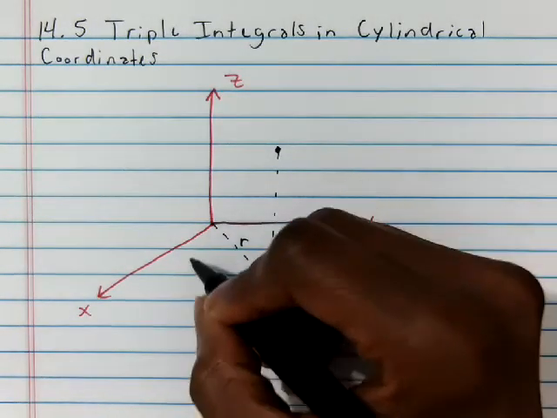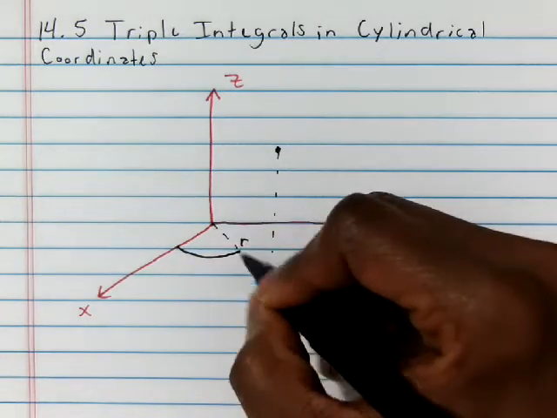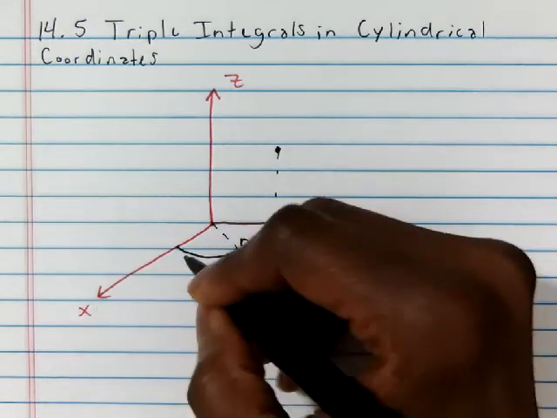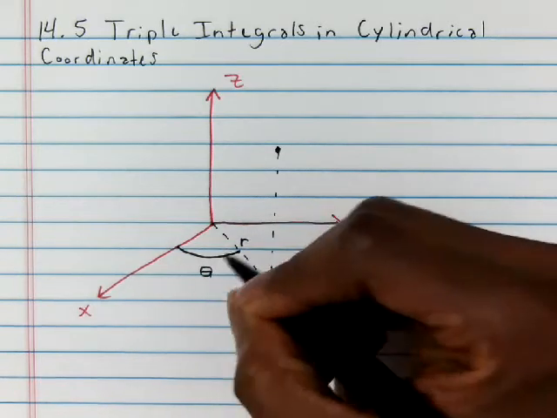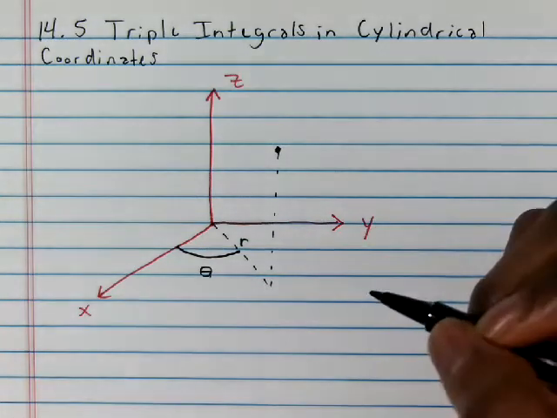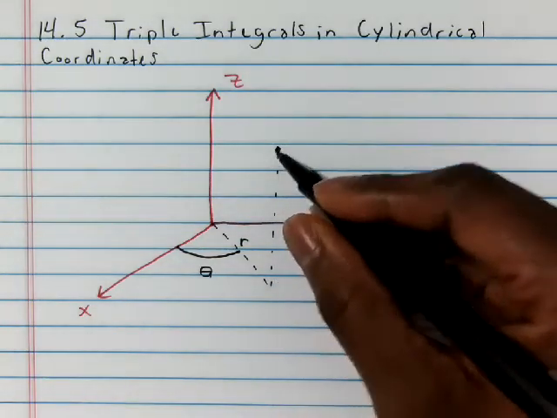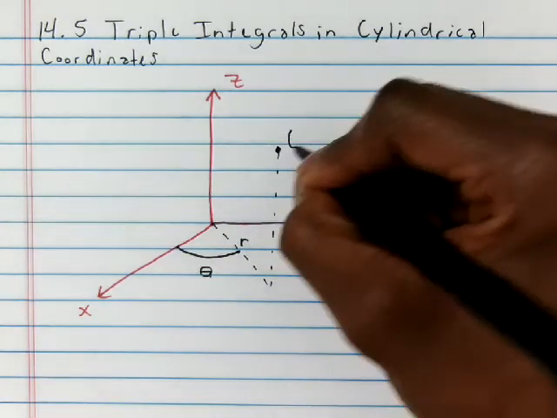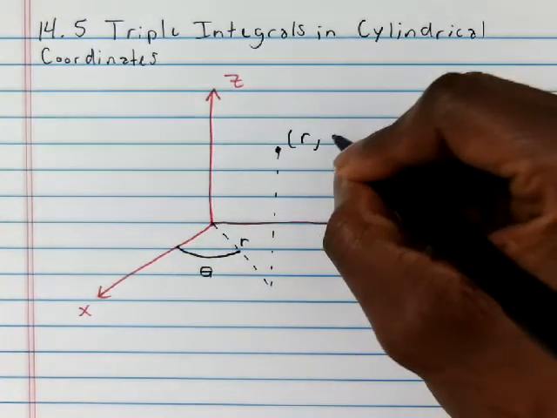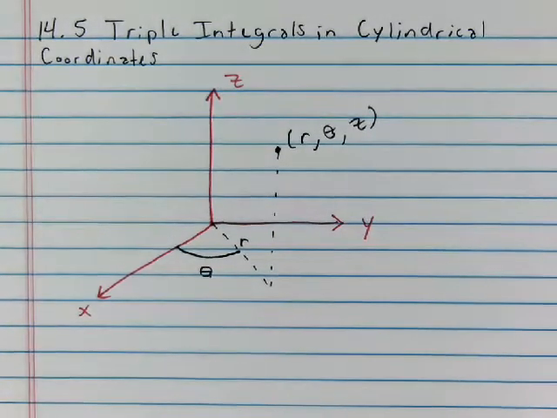Then what is this angle that this dotted line makes with the positive x-axis? We'll call that theta. So remember, this dotted line down here and this angle right here, those are both in the xy plane. And then after that, we have this point and we go up z units. So in cylindrical coordinates, this is not x, y, z, it's r, theta, z. So that's how we determine a point in cylindrical coordinates.